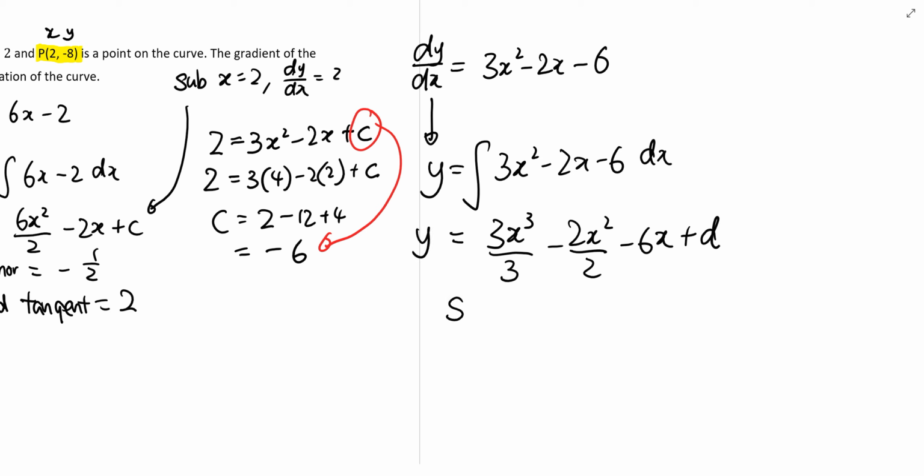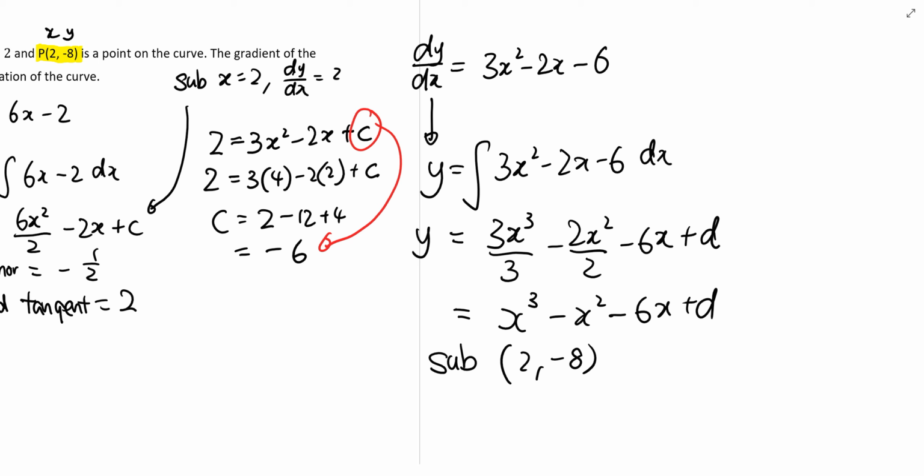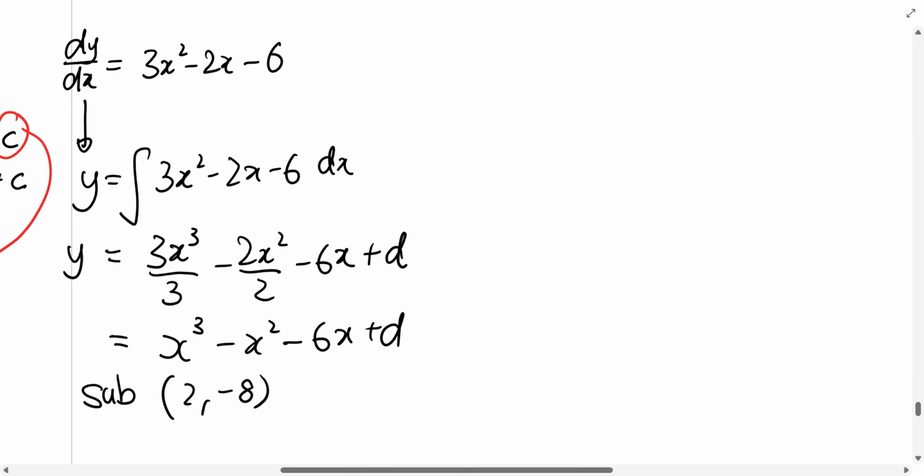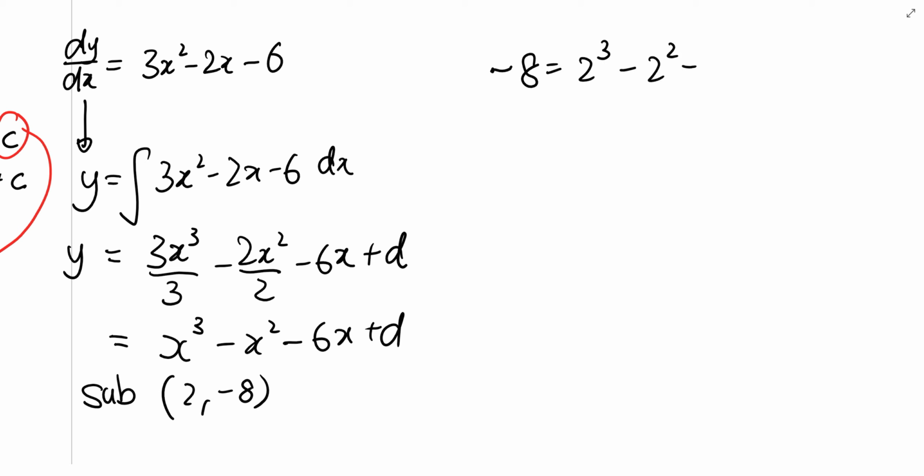How do I find the d? I sub in the coordinate that is given, (2, negative 8). Let's make the equation nice first. That should be the first thing we do: x cubed minus x squared minus 6x plus d. So now I sub in (2, negative 8) into my equation. I will get y, which is negative 8, equals 2 to the power 3 minus 2 to the power 2 minus 6(2) plus d.